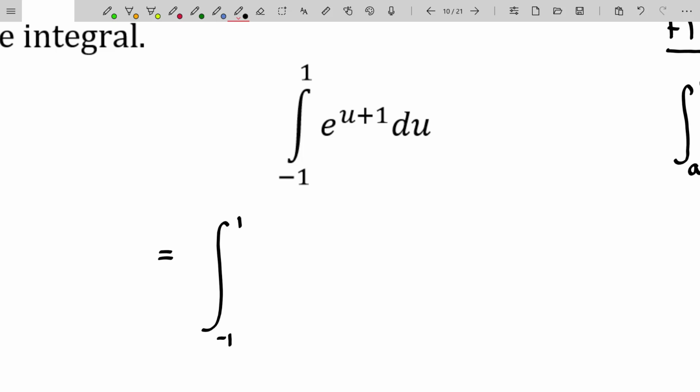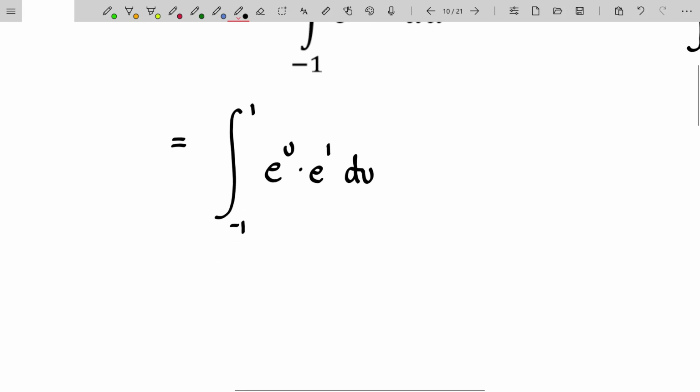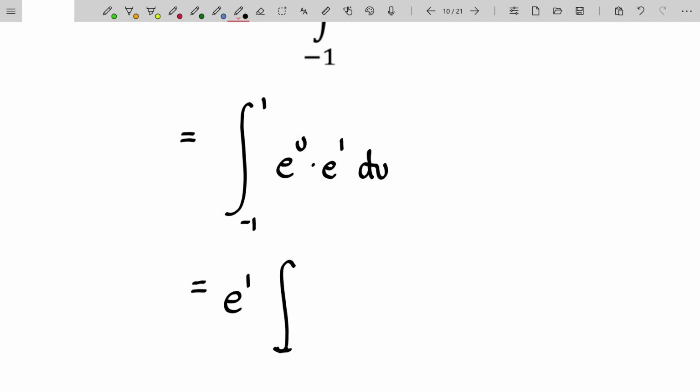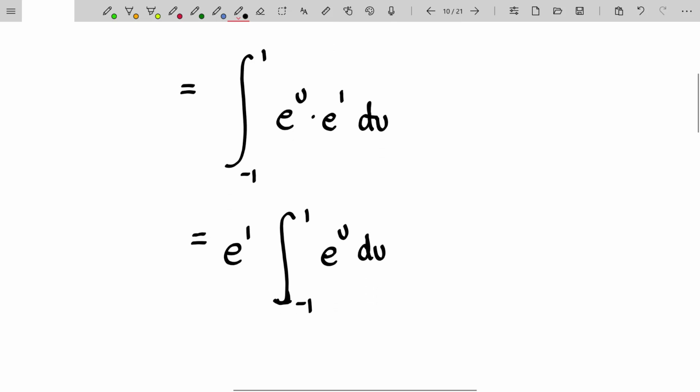I happen to know that e to the u plus 1 is the same thing as e to the u times e to the first. And e to the first is just a constant. So I can factor that outside of the integral. By the properties of definite integrals, you can factor out constants. And so I have this integral from -1 to 1 of e to the u du.